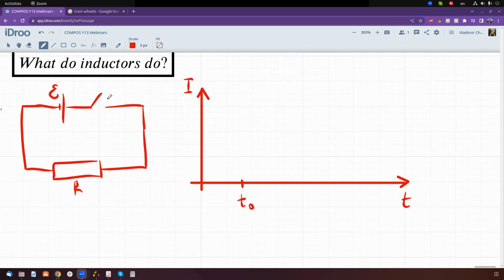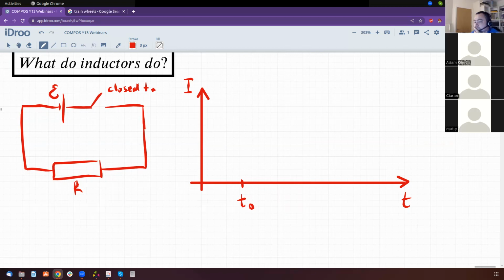The switch is closed at T0. Does it gradually increase? Exponentially.